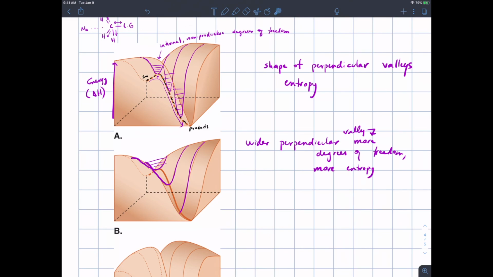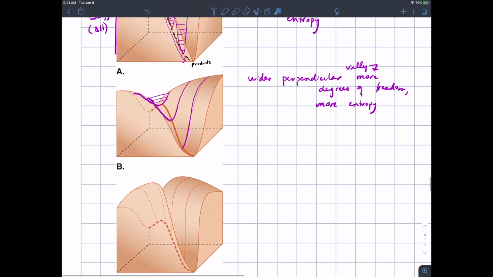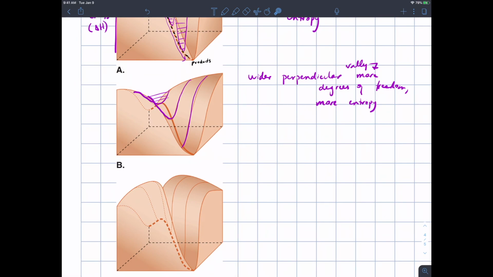And one of the ways you can tell that that's the case is because at this transition state, we can vibrate and move other geometries in either direction here without changing the energy very much. And so that means more vibrational motion is tolerated at that transition state that has the wider perpendicular valley than one that is narrow. In particular, the difference in the shape of the valley at the starting material and the transition state can be informative.